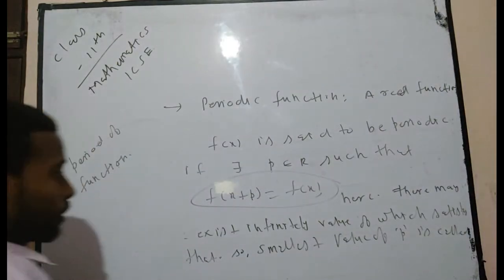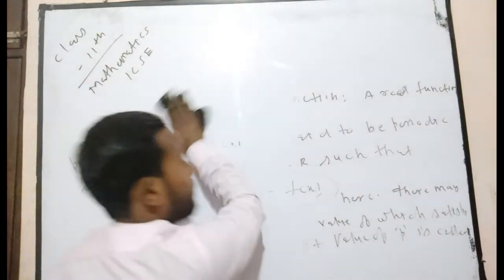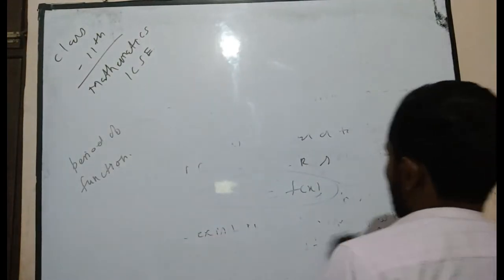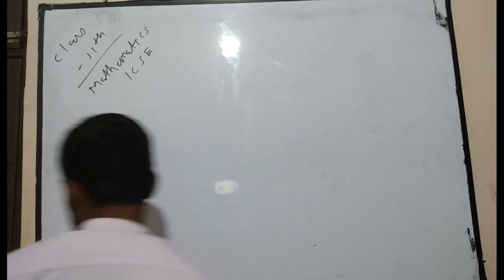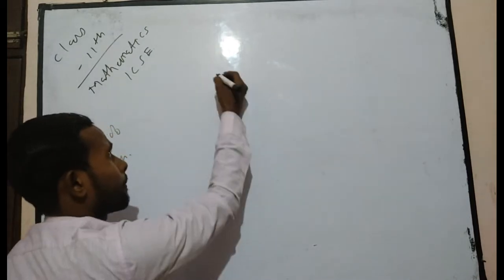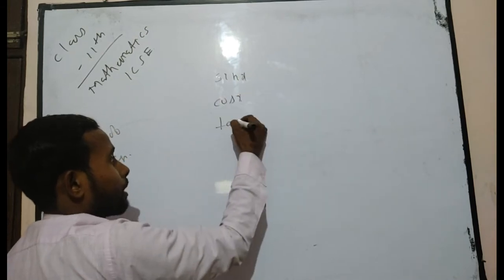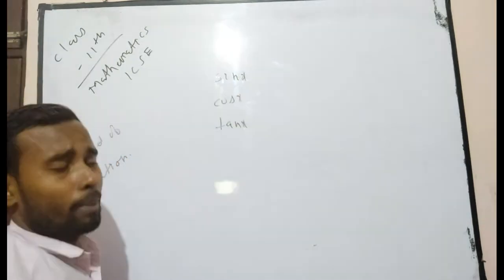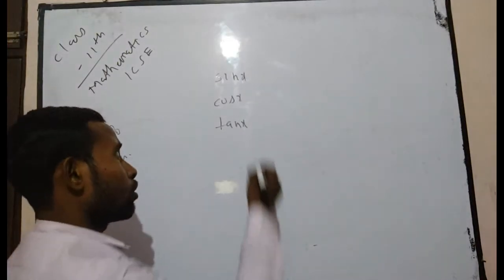Now, firstly I have to explain with some examples. Period of a function means sin x, cos x. Basically, sin x, cos x and trigonometric functions are very famous for period of a function.